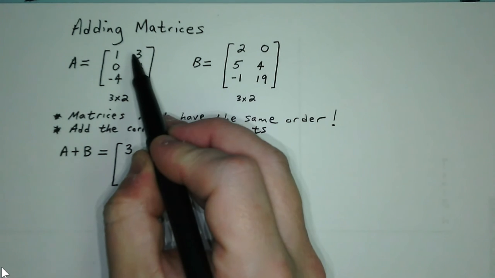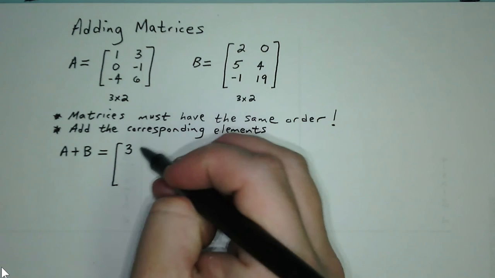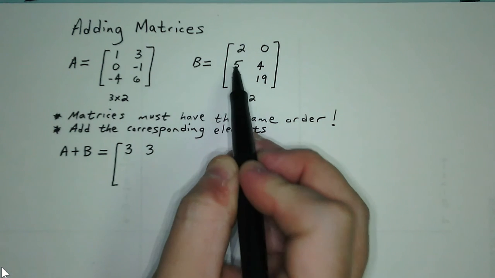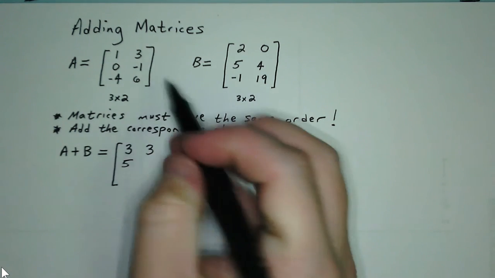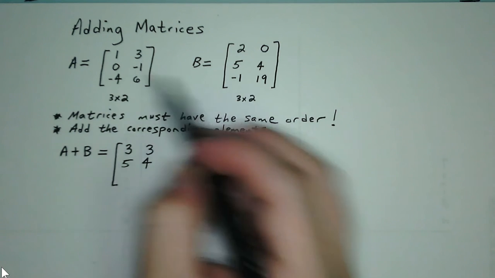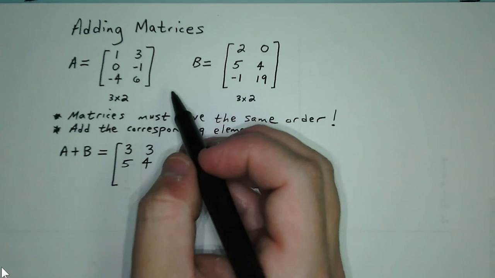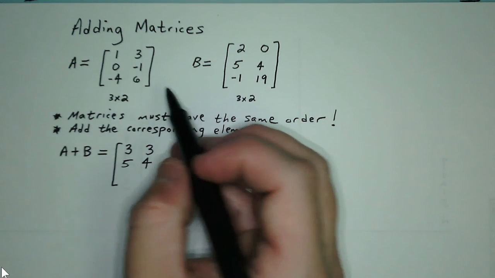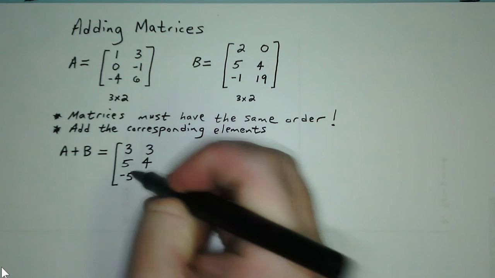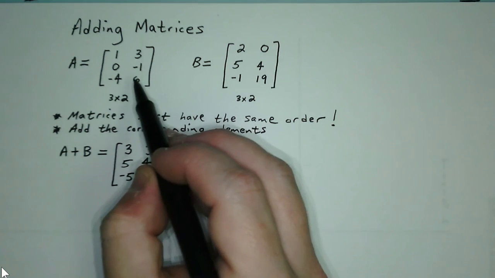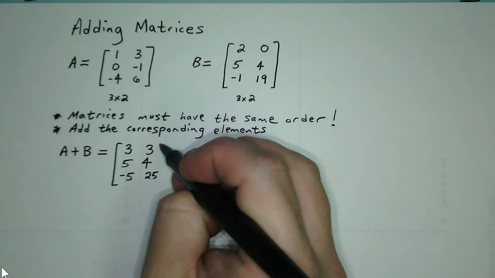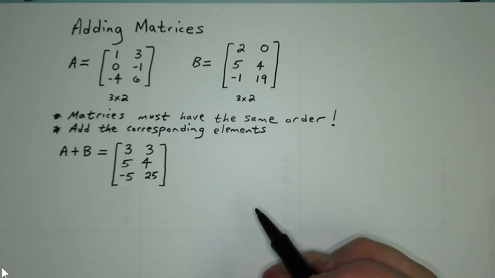Likewise, 3 plus 0 is 3, 0 plus 5 is 5, -1 plus 4 is another 3, and then -4 plus -1. Remember, keep track of your simple arithmetic and negatives. -4 plus -1, I do believe, is -5. And then 6 plus 19, oh God, is 25. And so that's A plus B.